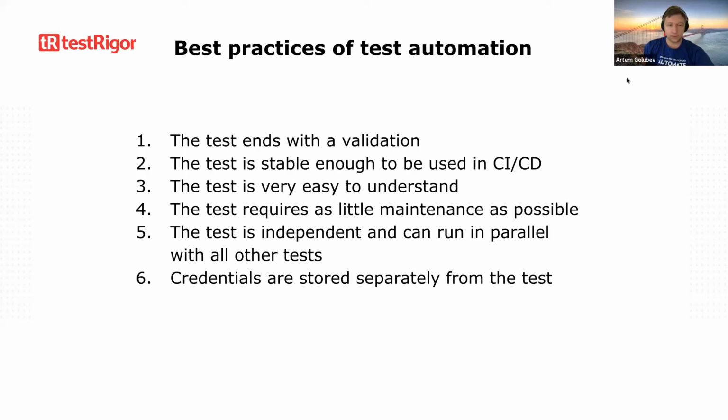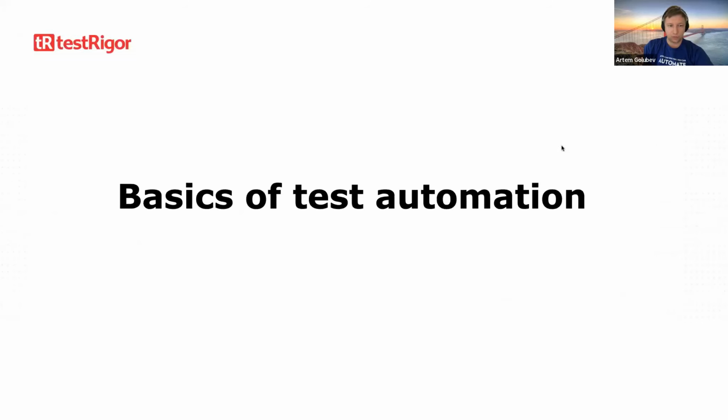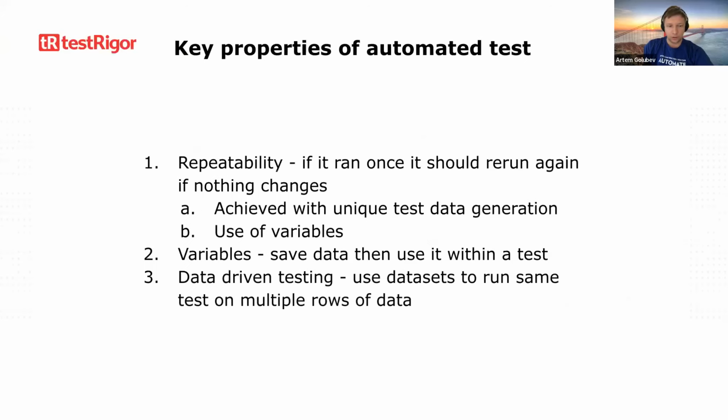So next is, a test must be stable enough to be used in CI/CD. If you think about it, the whole goal of writing automation is that at some point your tests will be executed automatically. That relates very much to the original part when we talked about repeatability.